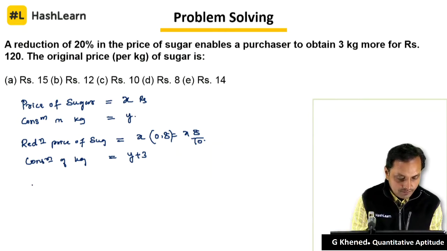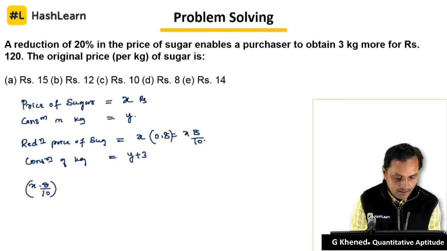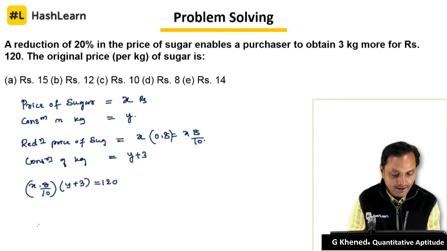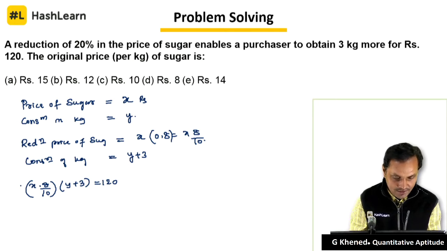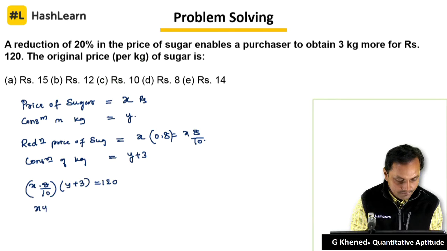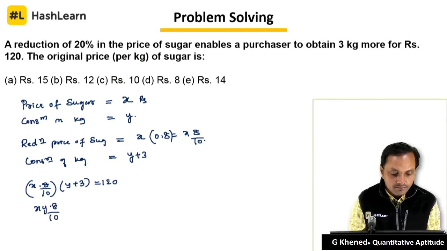So X into 8 by 10 into Y plus 3 is equal to 120. If you simplify this, what will you get? X into Y into 8 by 10 plus 8 3s are 24 by 10, X is equal to 120.